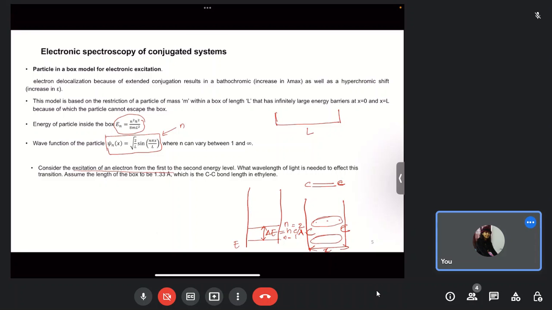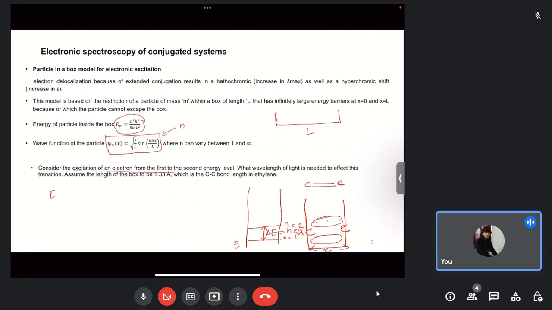From this particular equation we can calculate the energy associated with n is equal to 1, which is the ground state or the first energy level, and by putting n is equal to 2 we can calculate the energy in the second energy level.